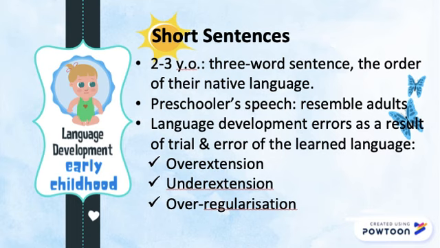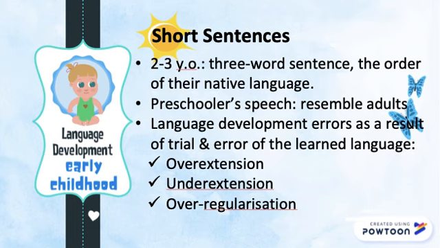They start with the ability to say 3-word sentences. But as time goes by, they are able to utter more complex or longer sentences. However, since they are still exploring the language, there are usually some errors that they make.